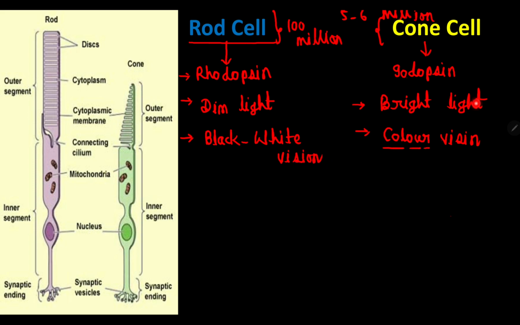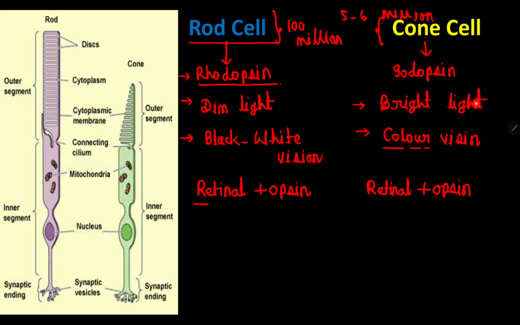Now what is present inside this rhodopsin? Actually rhodopsin has two parts. First part is called retinal, another part is called opsin. In the cone cell, iodopsin also has retinal and also has opsin.